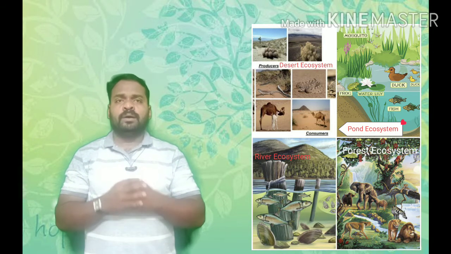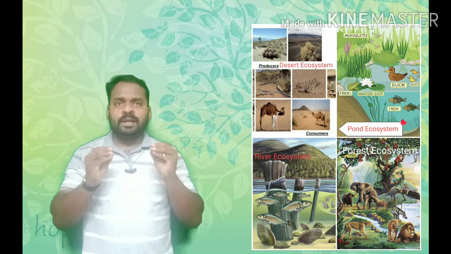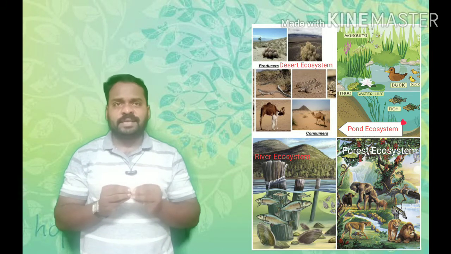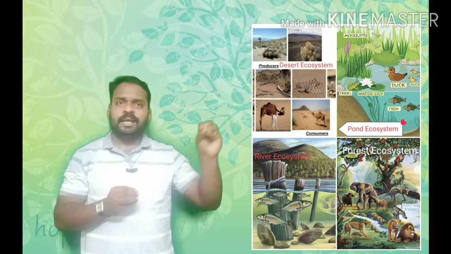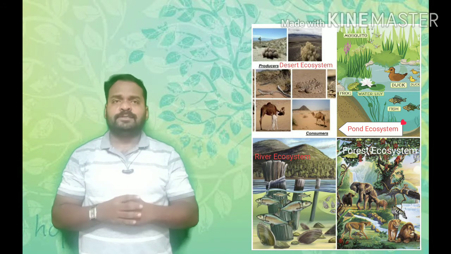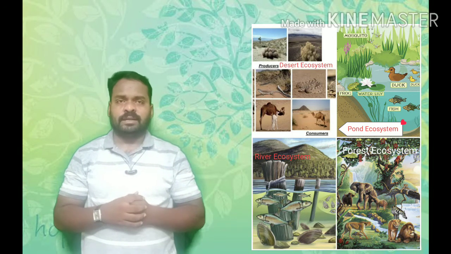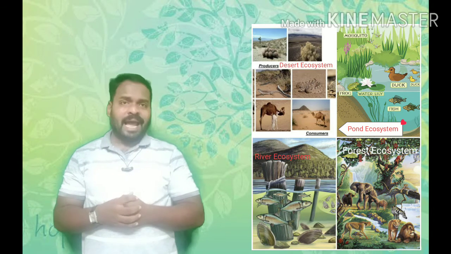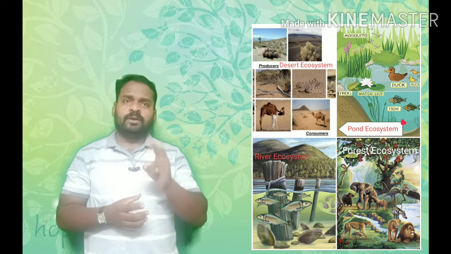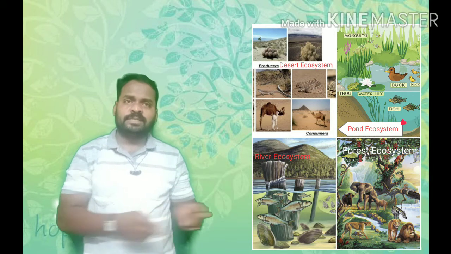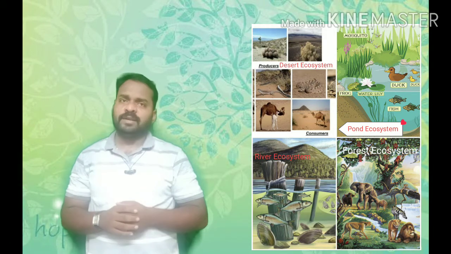Now, the richness of life, or the richness of the plants as well as the animals present in a particular ecosystem, is known as ecosystem diversity. For example, in aquatic ecosystems, there are two types, marine ecosystem and freshwater, meaning river ecosystems.